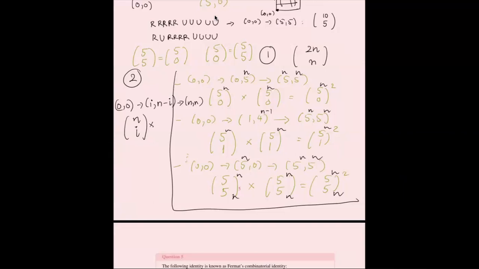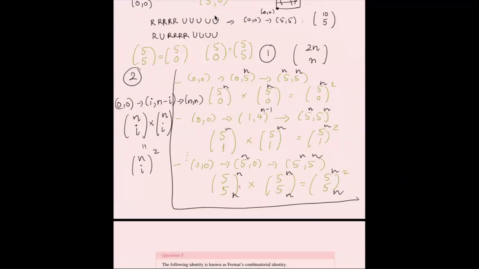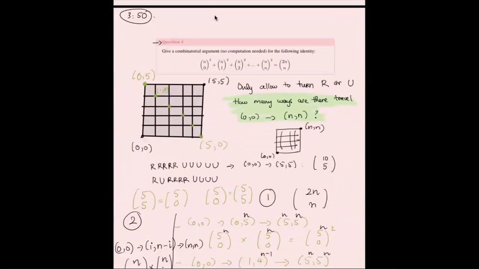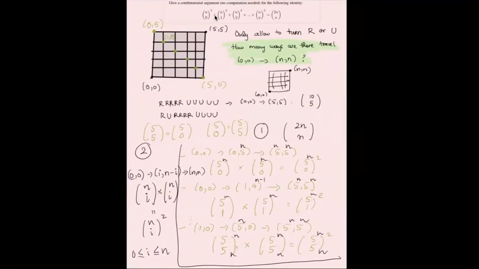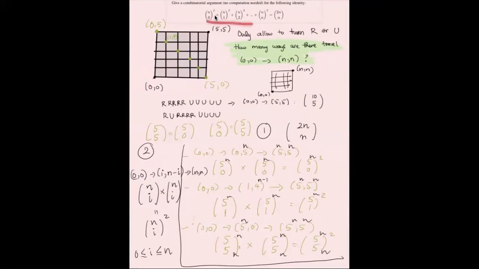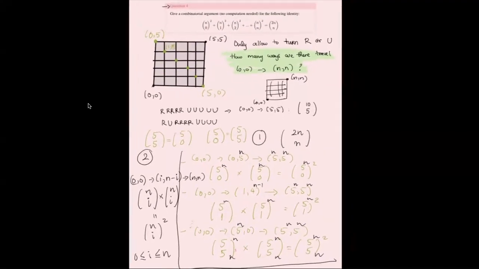And then from i, n minus i to the point n, n, we also have to perform n steps. Out of those n steps, we will have i steps going upward. And then i can range from 0 up to n. If you add everything together, you should get the left-hand side. And since they are counting the same problem, they have to be equal.